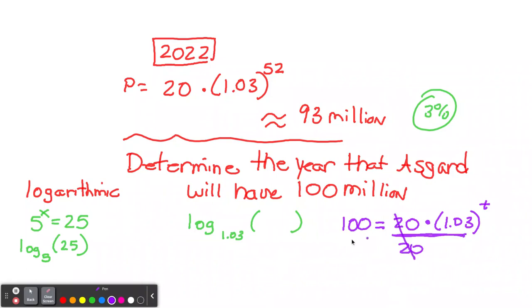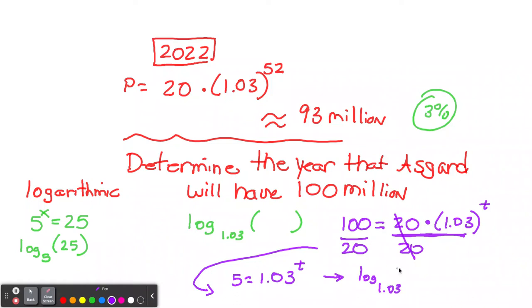Dividing the 20 on both sides, there's our arrow, so you're following me. Now we have a 5. 5 is going to equal 1.03 to the t. And then we could say log base 1.03 of 5, because that's the answer. We're trying to find what t is.